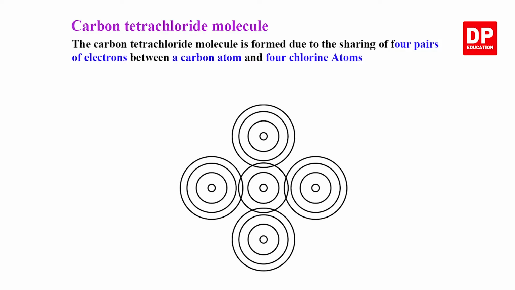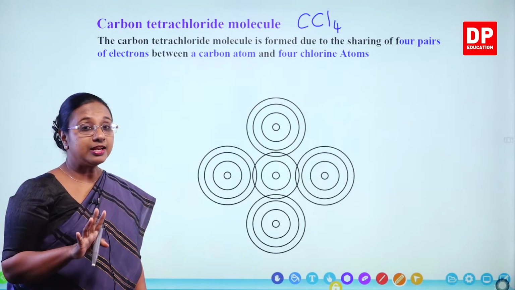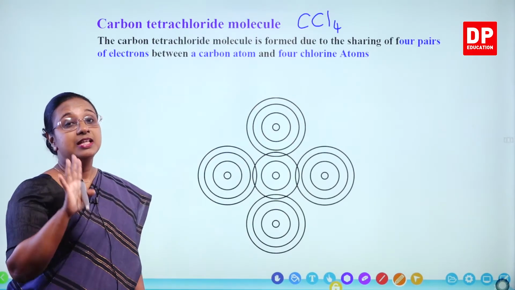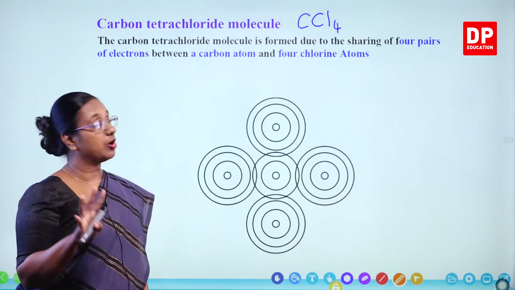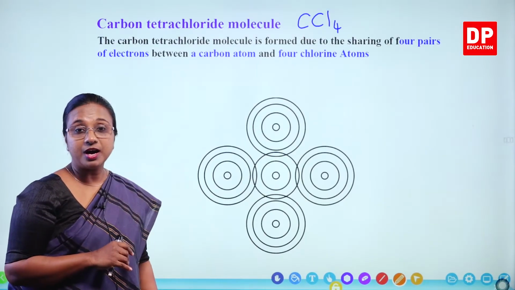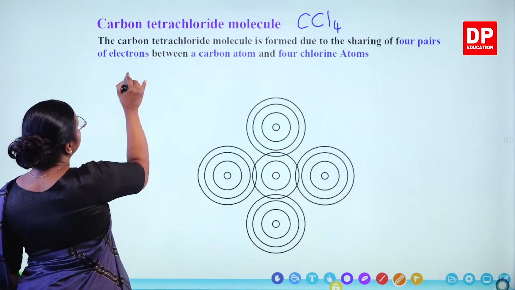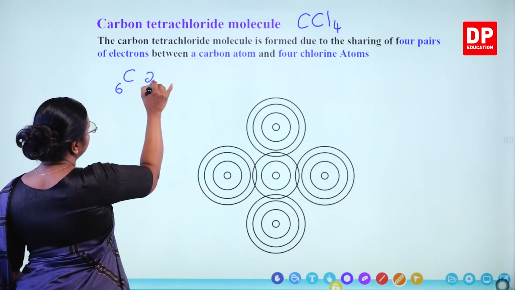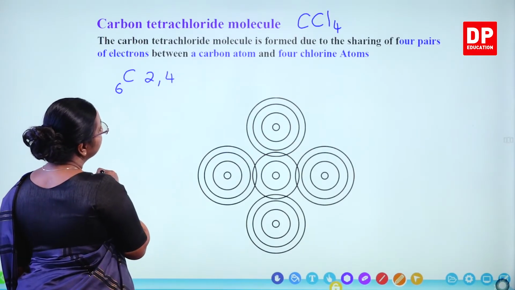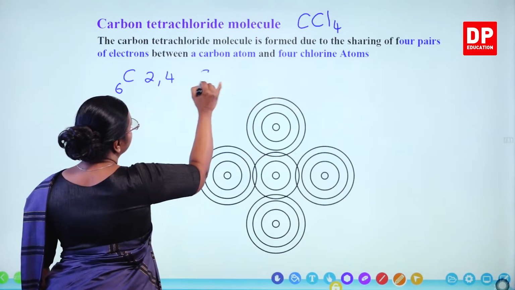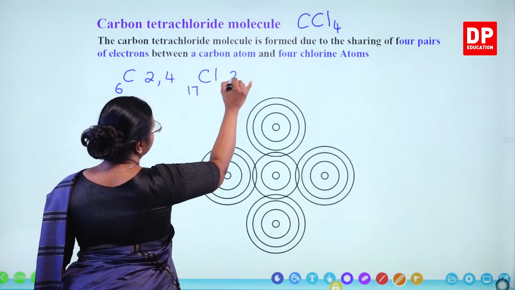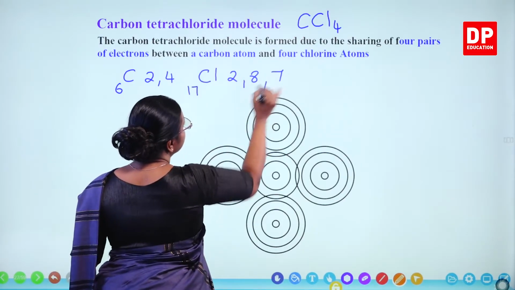So carbon tetrachloride, carbon and 4 chlorine atoms. So there again you will see there are 4 single bonds. Why? The valency of carbon you know is 4, carbon 6. So if you write the electronic configuration 2, 4 and chlorine 17, electronic configuration 2, 8, 7.